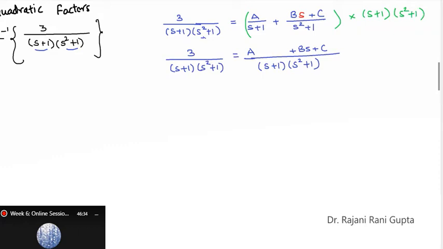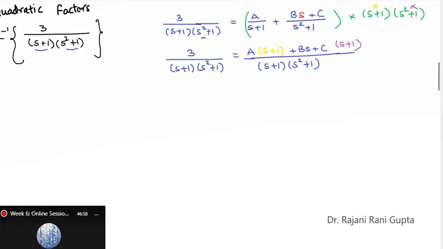So here you can see that when you multiply it with A, this s plus 1 gets cancelled. So you will have here s plus 1. When you multiply with B, s square plus 1 gets cancelled. So you are left here with s plus 1.